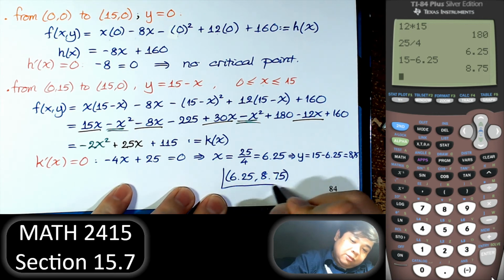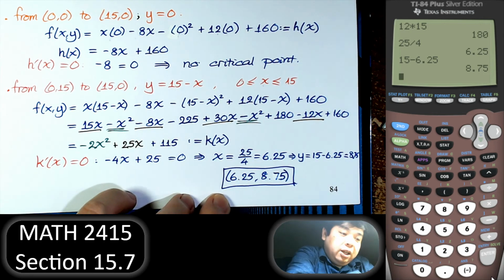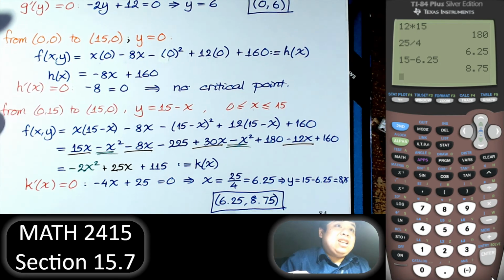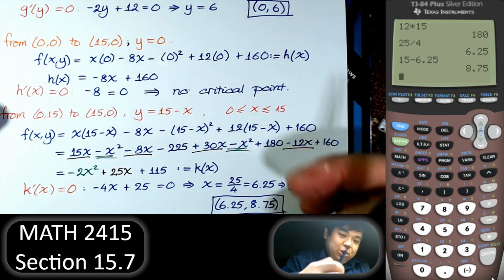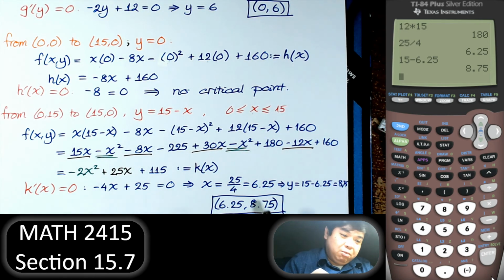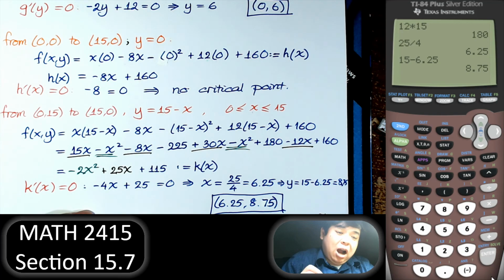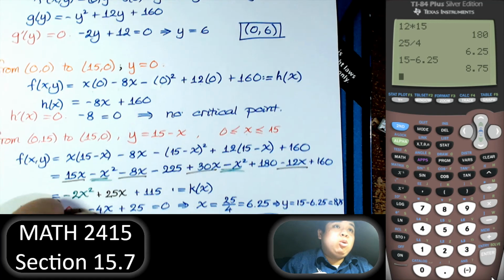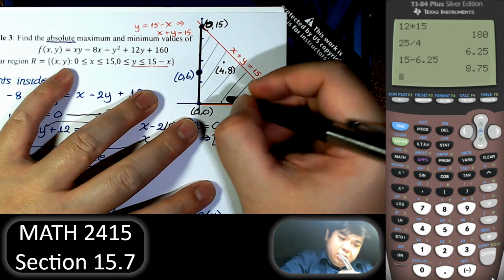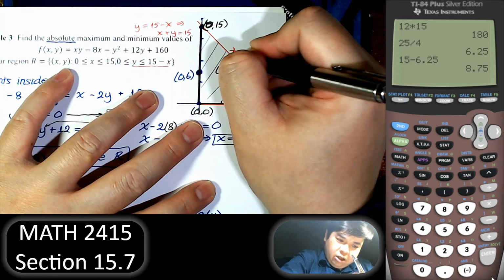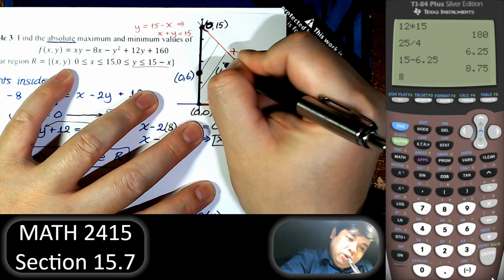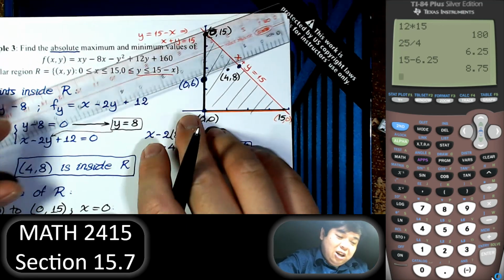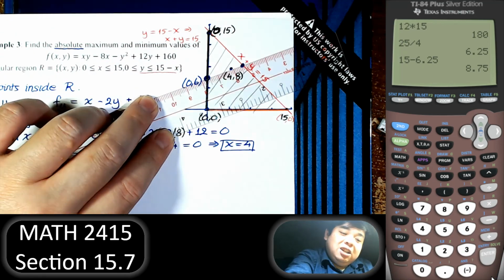Right. I might have made a mistake in here, but that's how we do it. I mean, the way we do it is correct. I might make some calculation error. So what are the points we have for a it? So on 6.25, 8.75, that's about here. So we have that point, and that point. Now, interestingly enough, does it look like a line here?